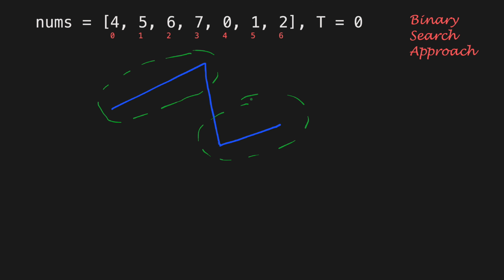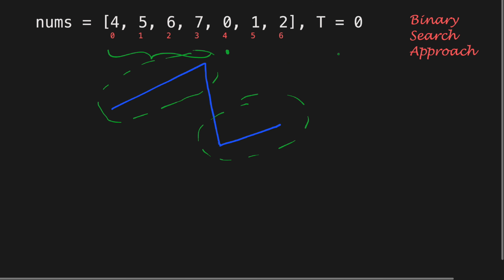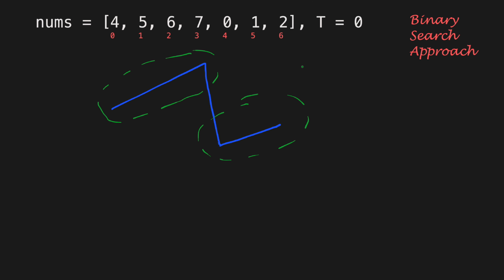Now one possible way to solve this problem is to explicitly locate this smallest or pivot element using binary search, and then we apply binary search on these two sorted segments to find the target. However, we'll take a different approach by implicitly adjusting our search criteria.